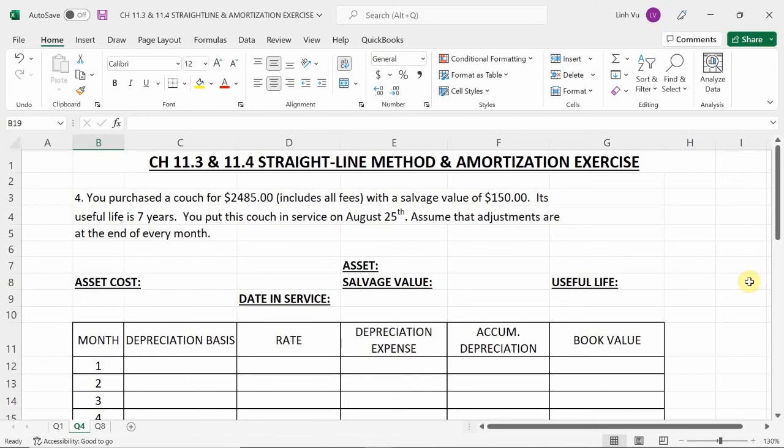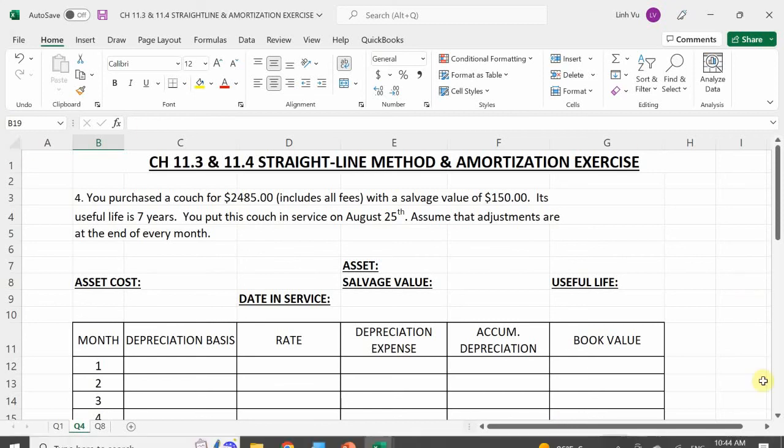Its estimated useful life is 7 years, and you put this couch into service as of August 25th. Assume that the adjustments are made at the end of every month.